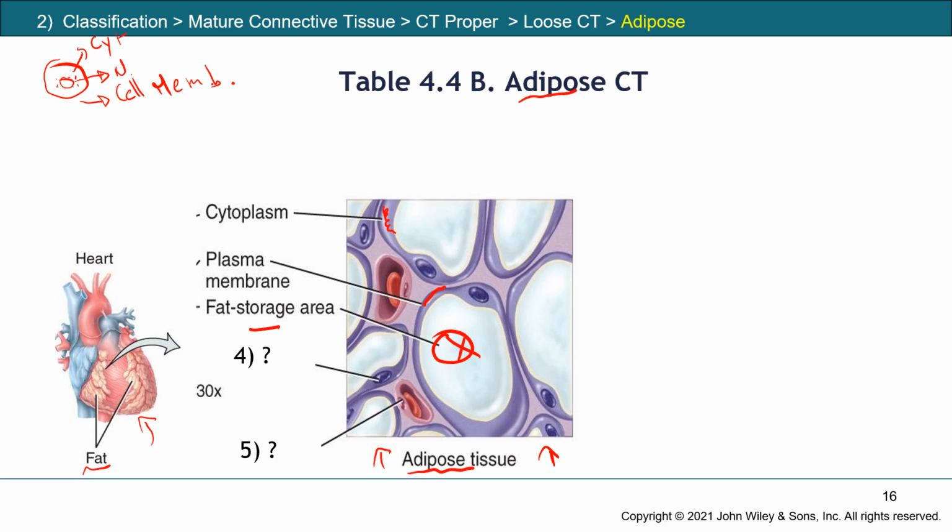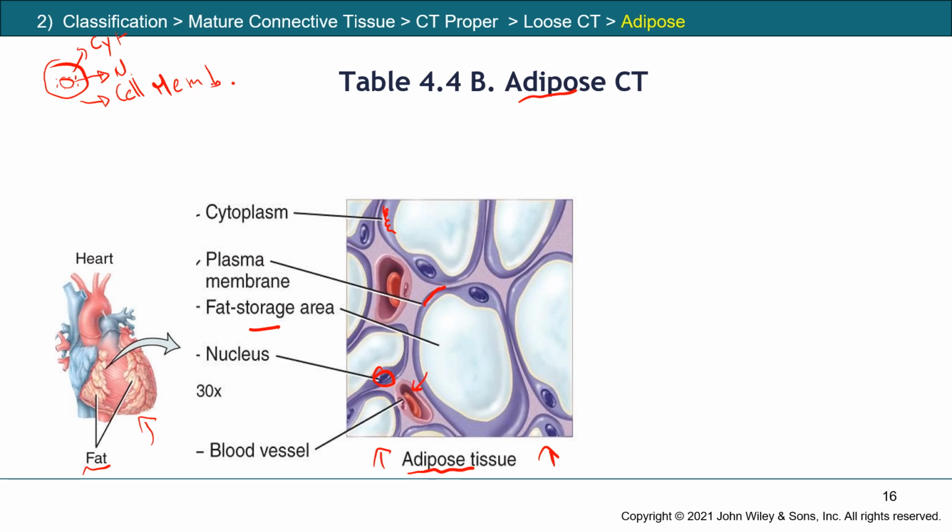And this third structure is the fat storage area, the white region, and this white region is full of lipids. For one, that small purple structure is the nucleus, and finally, blood vessels are important to transport different nutrients.